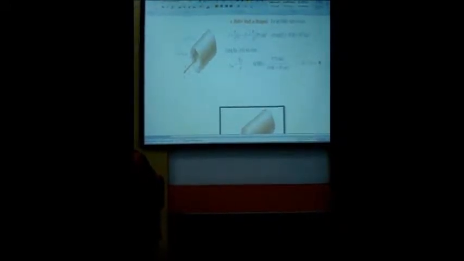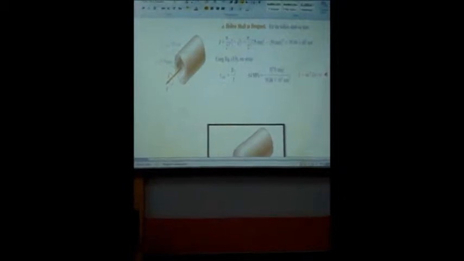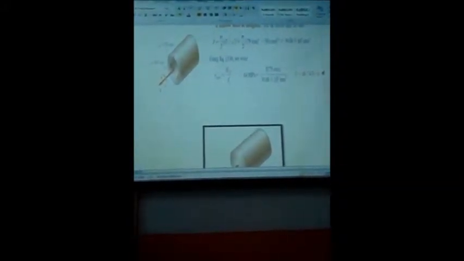First is the solution for the hollow shaft as designed. For the hollow shaft, we have J equal to pi over 2 times C2 to the power of 4 minus C1 to the power of 4, equal to pi over 2, and then we calculate and get the answer 39.88 times 10 to the power of 6 millimeter to the power of 4.